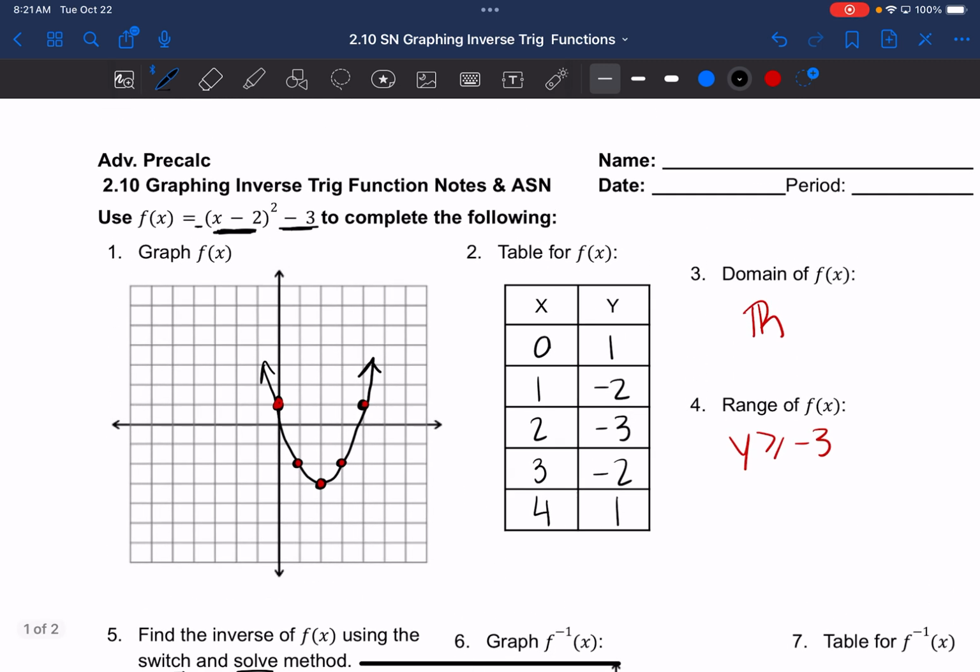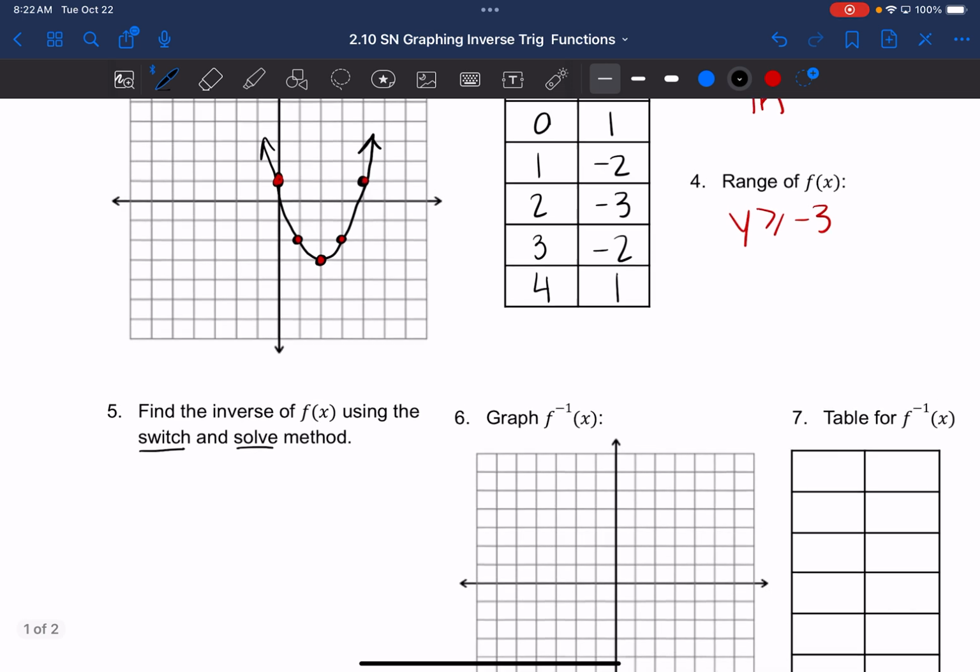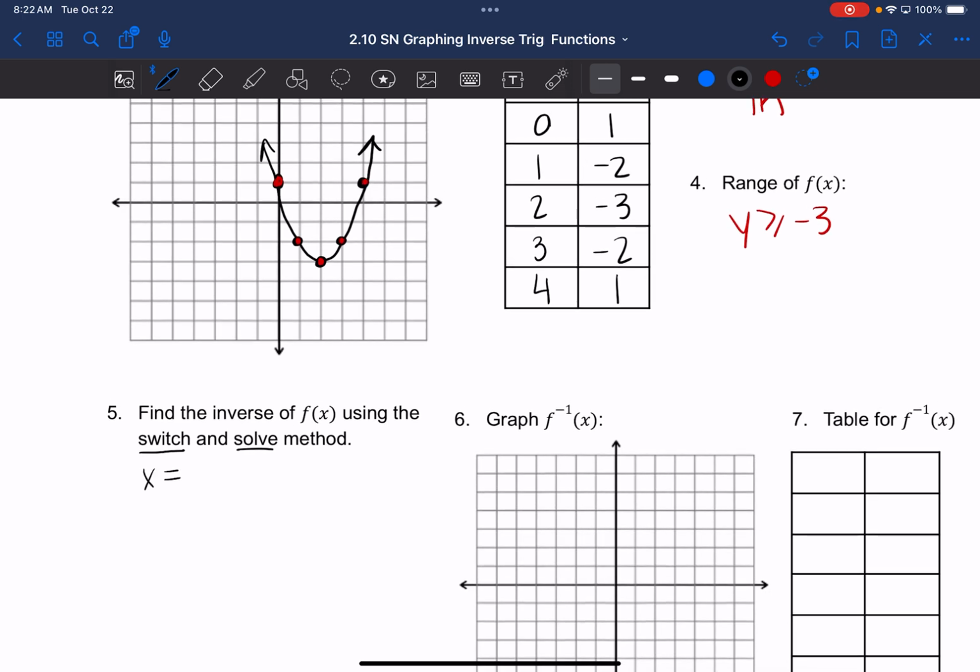So if I look back up here, here's my x in the function. F of x, remember, is the same as y, right? So what they're saying is just switch their places. So if I did that, I'd have x is equal to y minus 2 quantity squared minus 3.